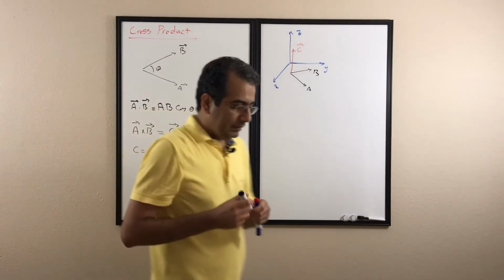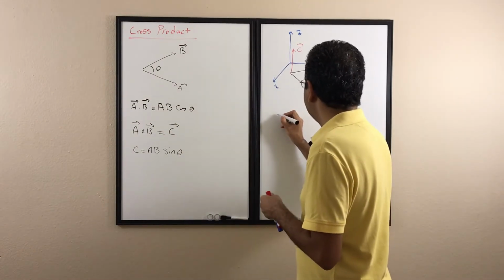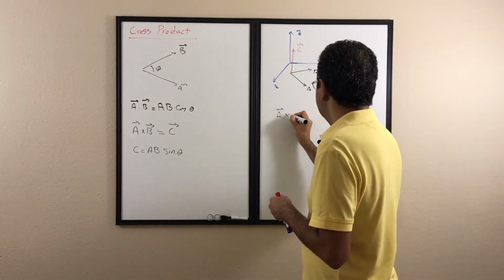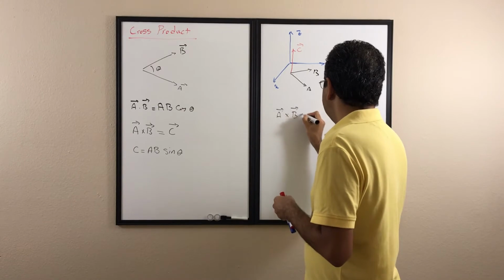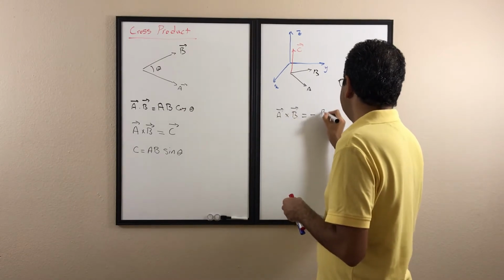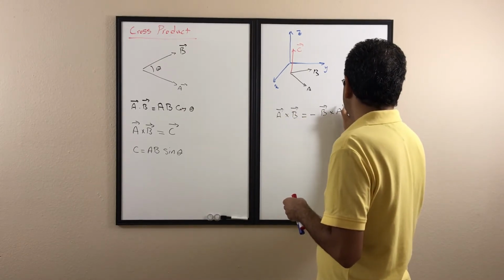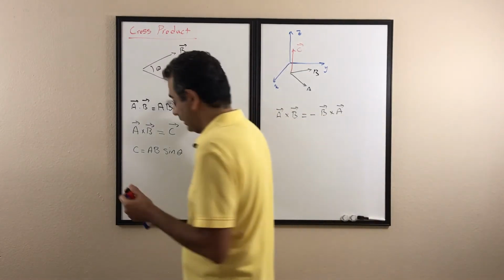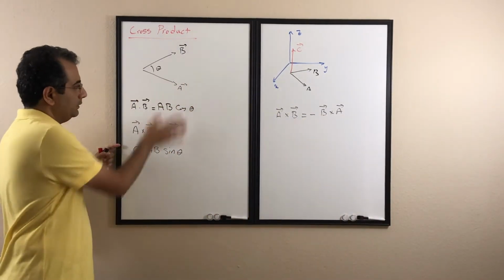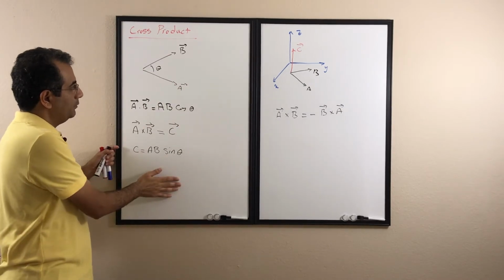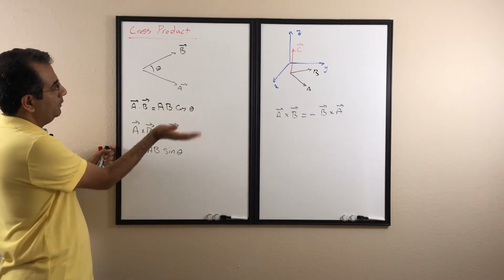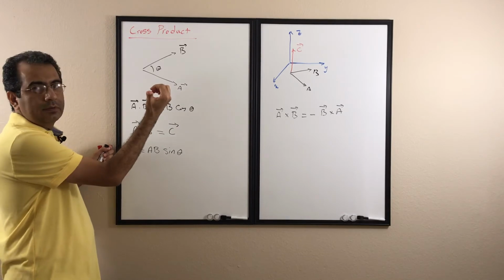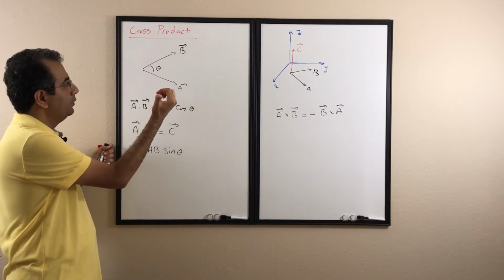For that reason, A cross B is going to be the negative of B cross A. Let's again look at this one. If A and B are on the surface of the board, and I go from A toward B, my thumb points outside the board.